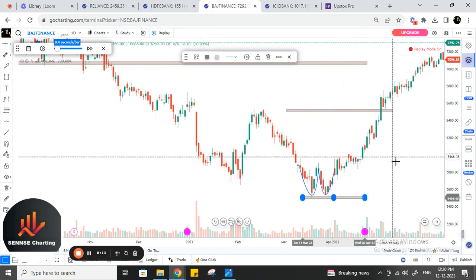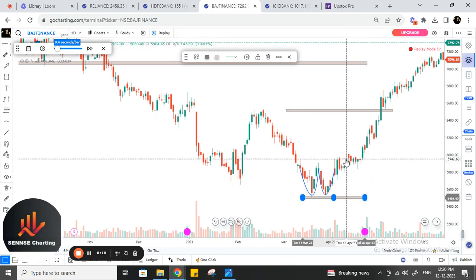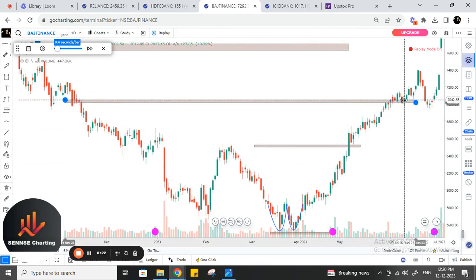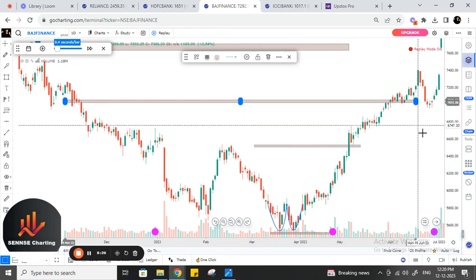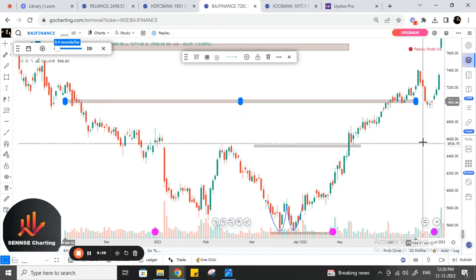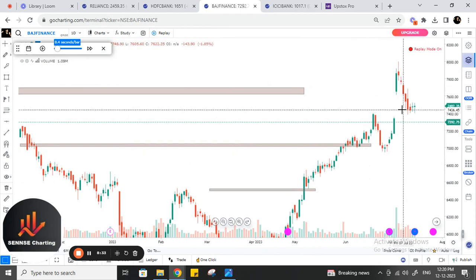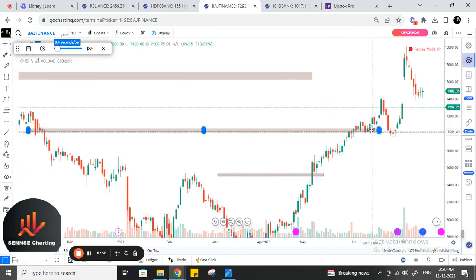If the market falls, I'll not wait for the original stop loss to hit. When my second target is hit, I'll shift my stop loss to the first target. If the market comes down, I'll book my profit here, and once this is reached, I'll exit from the trade. If I want to trail my stop loss or profit, I'll shift my stop loss from this point to this point.